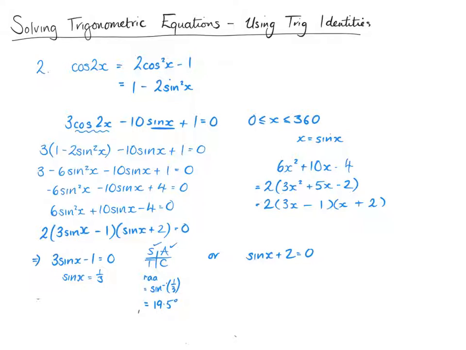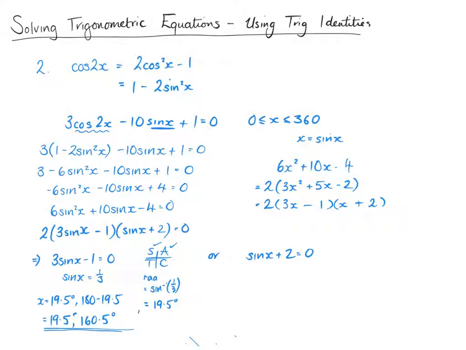So that gives us that x is equal to 19.5, and 180 take away 19.5. So we're going to get 19.5 and 160.5. Okay, so that's our answers for that part.